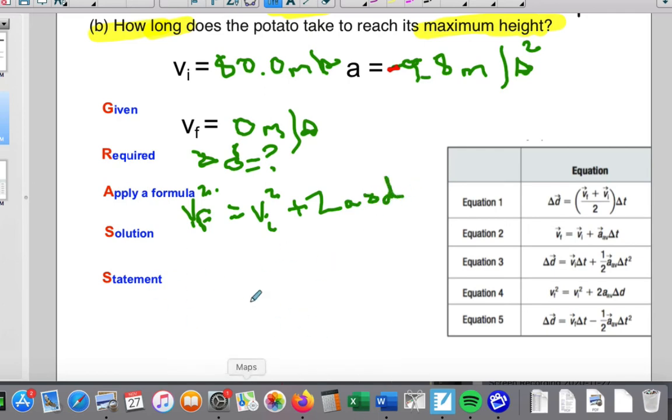Now, to solve for delta D, to solve for the displacement, we are going to subtract VI squared from both sides as our first step. So we're going to subtract VI squared from the left and the right side.